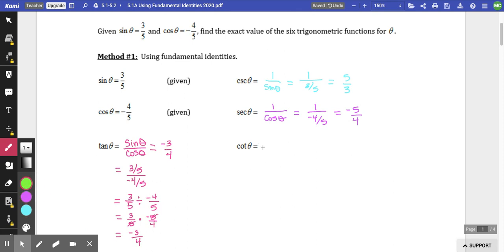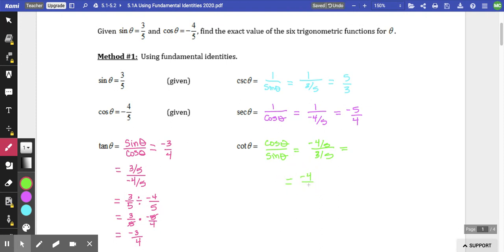And then finally, cotangent of theta. In terms of sines and cosines, cotangent is cosine of theta over sine of theta. So once again, I'll just replace it with my givens. Cosine is negative 4/5. Sine is 3/5. So this one maybe I'll do a little bit of extra work for.